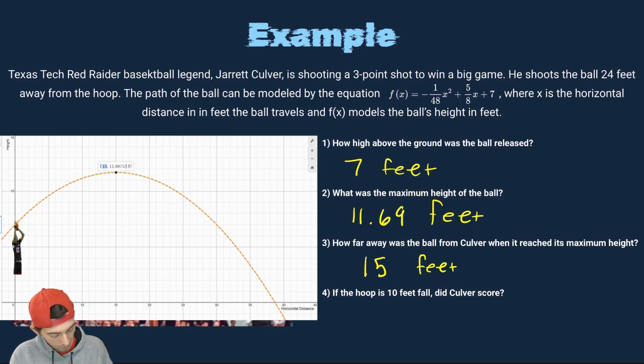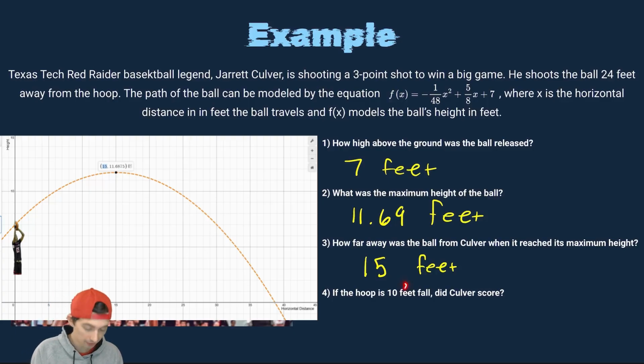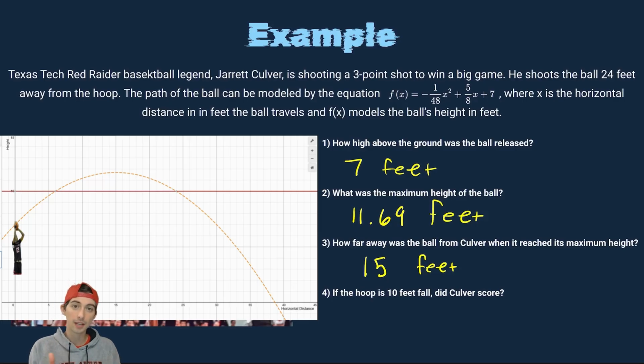Last question is we want to know, if the hoop is 10 feet tall, did the ball go through the hoop? And so we're looking for a specific point. We are given, in this case, a y value. It's 10 feet tall. So what I can do is type in y equals 10 because that's how high I know the hoop is.